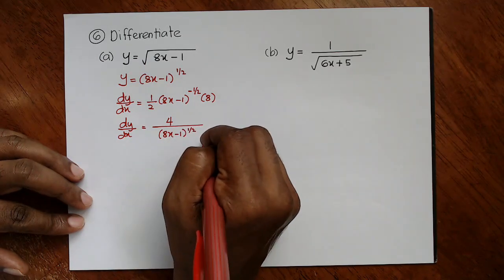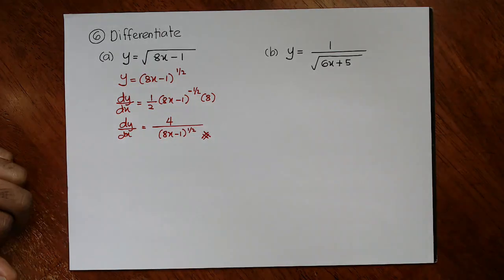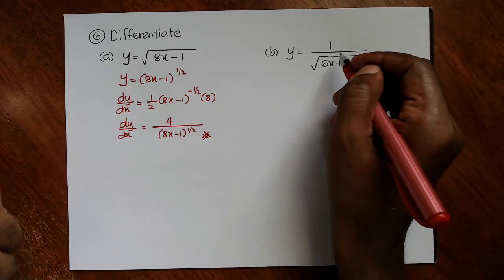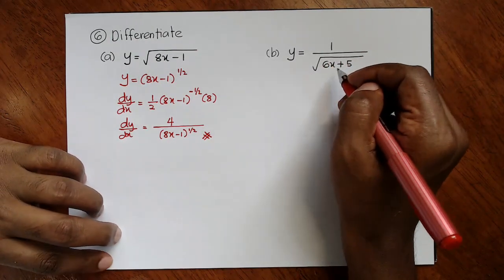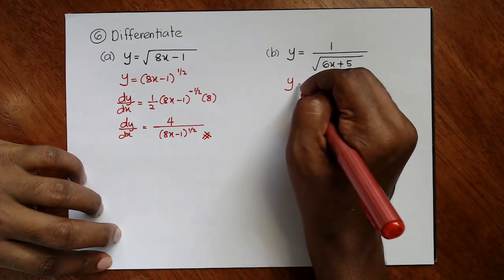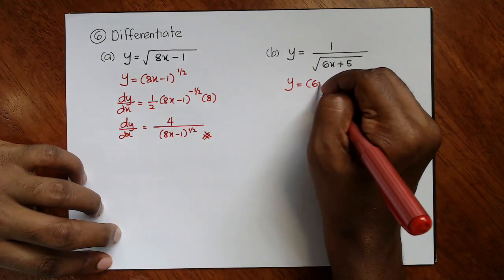That's the answer. Like this you have to change it into index form and also bring it up. So you get y equals (6x plus 5) to the power of negative 1 over 2.